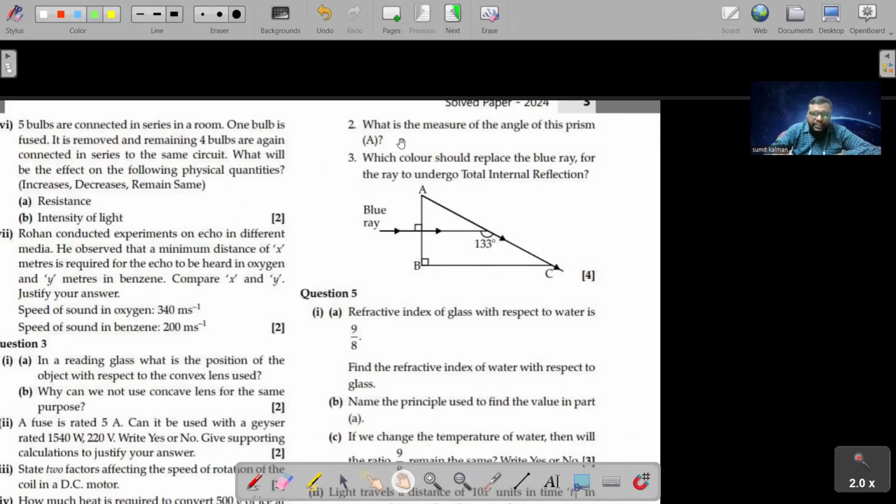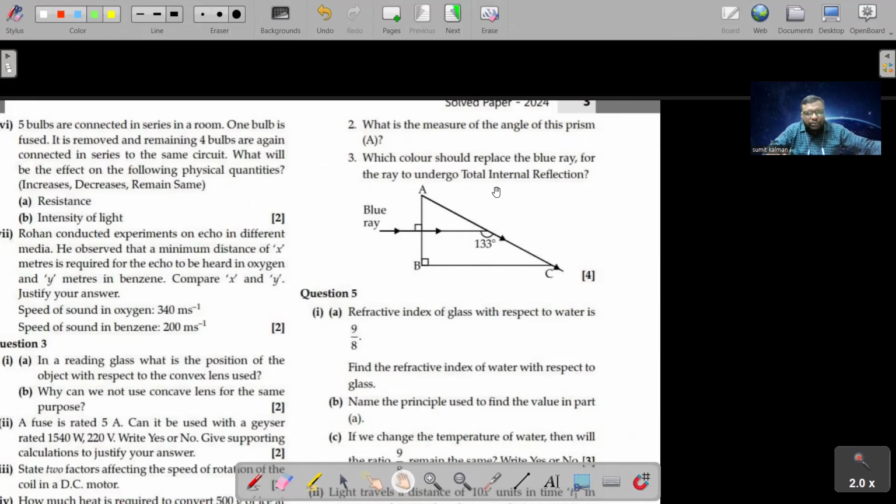And students, in second part, we have to calculate the measure of the angle of this prism A. We have to calculate angle of prism, that is A. And in third part, they are asking which color should replace the blue color for the ray to undergo total internal reflection. So students, we'll proceed for the solution.